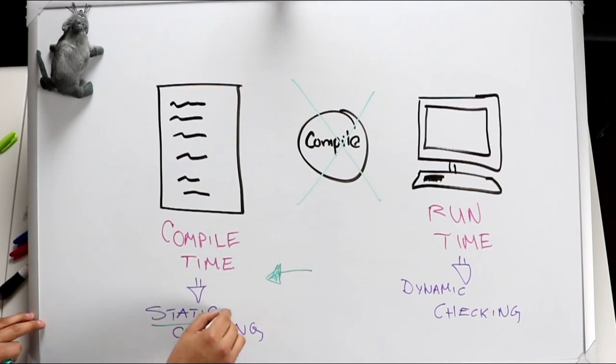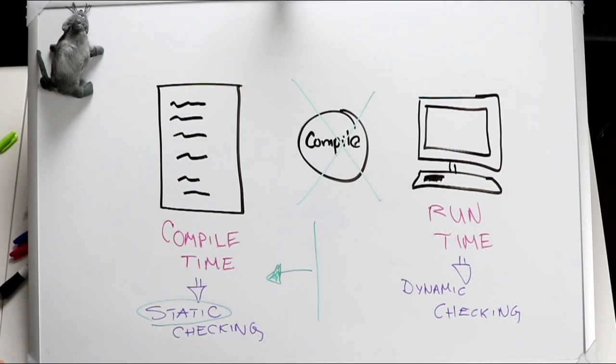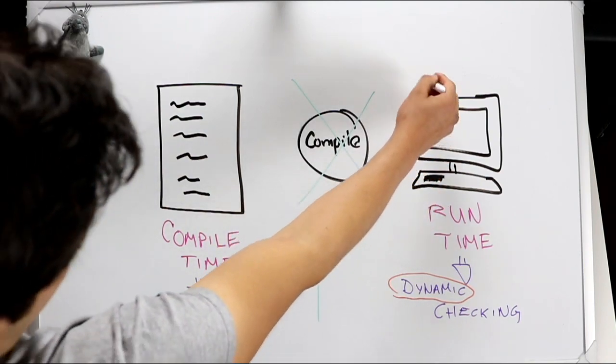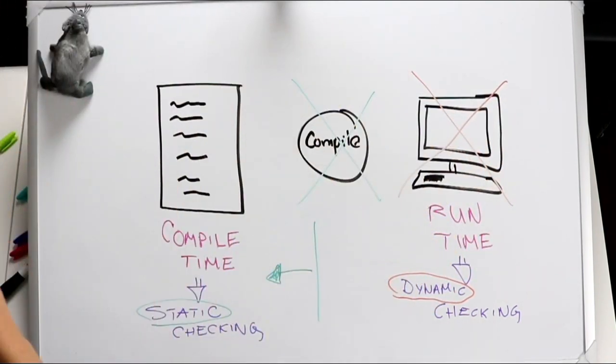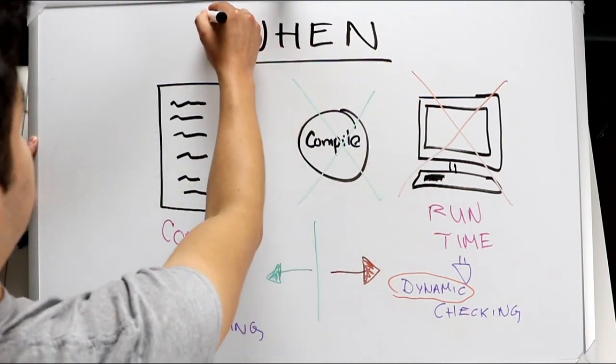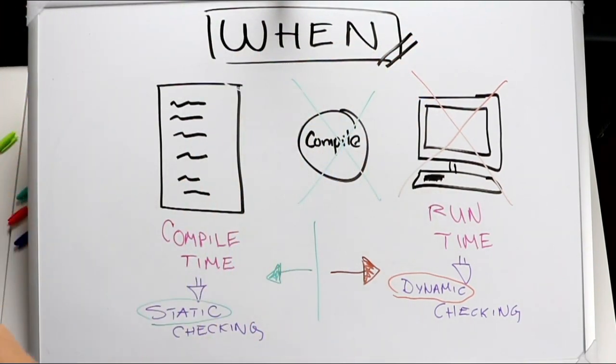Now, this is what we call static type checking, and it happens during the compile time. On the other hand, during the runtime, it is when the dynamic checking happens. And those are actually errors that are found when the application is being run. JavaScript is an example of a dynamic type language.